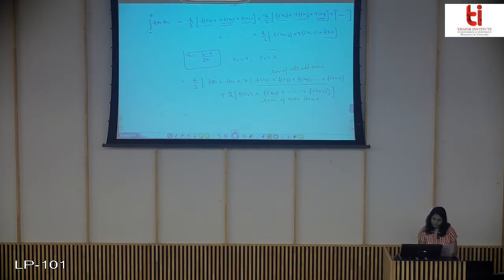So integration a to b f(x) dx can be written as h upon 3 [first term plus last term plus 4 into the sum of odd terms (indices starting from 1) plus 2 into the sum of even terms (starting from 2)].